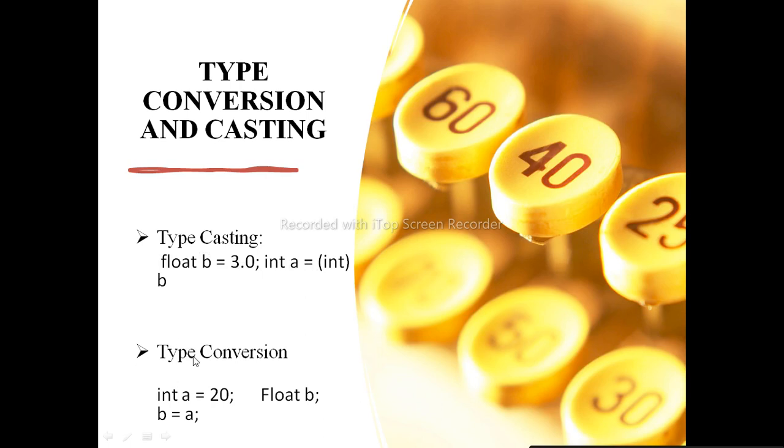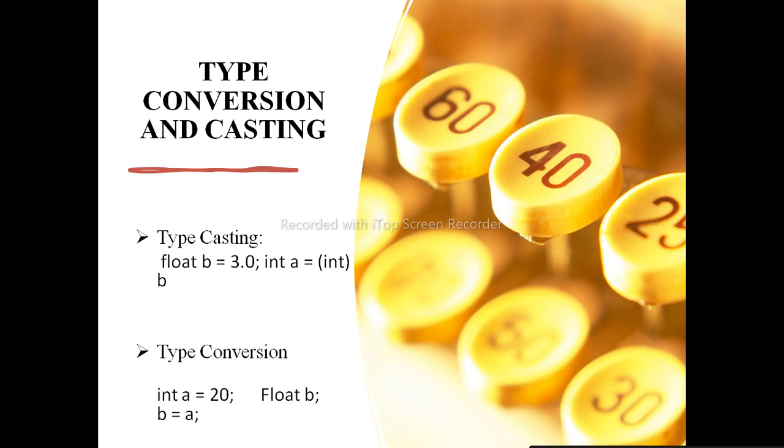Now next is type conversion. If your source is small in size and the destination is big in size, then see, int a = 20, float b. You are feeding your integer value 20 into the float b.